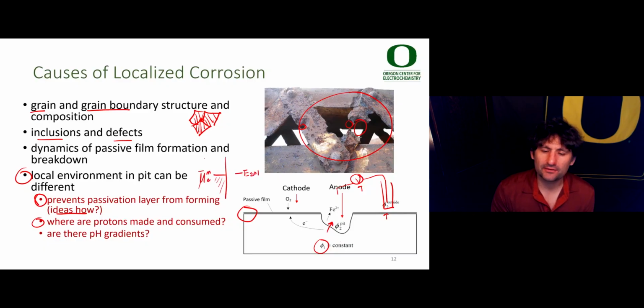So let's think about that in more detail. You can imagine I have my metal, which has some electrochemical potential of electrons in it. That's this. And that electrochemical potential is the same here and here because it's all essentially in equilibrium, because the current flowing through the metal is small and the metal is very conductive.